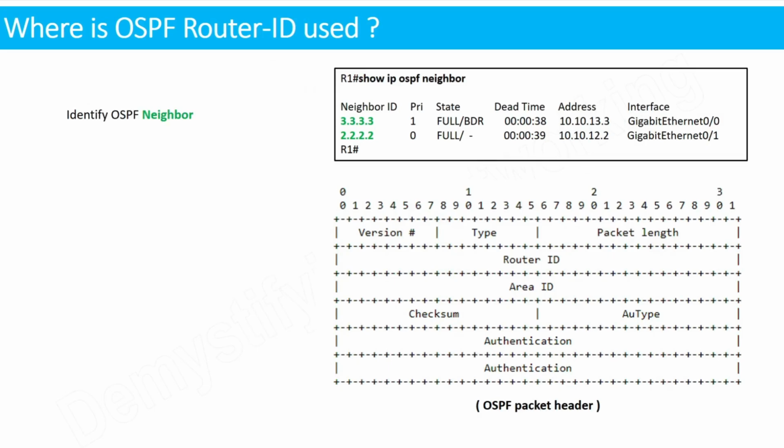The OSPF router ID is also used to identify the OSPF neighbors as shown in the show IP OSPF neighbor command output. Every OSPF packet has a fixed 24-byte header, and OSPF router ID is used to identify the source of that packet.